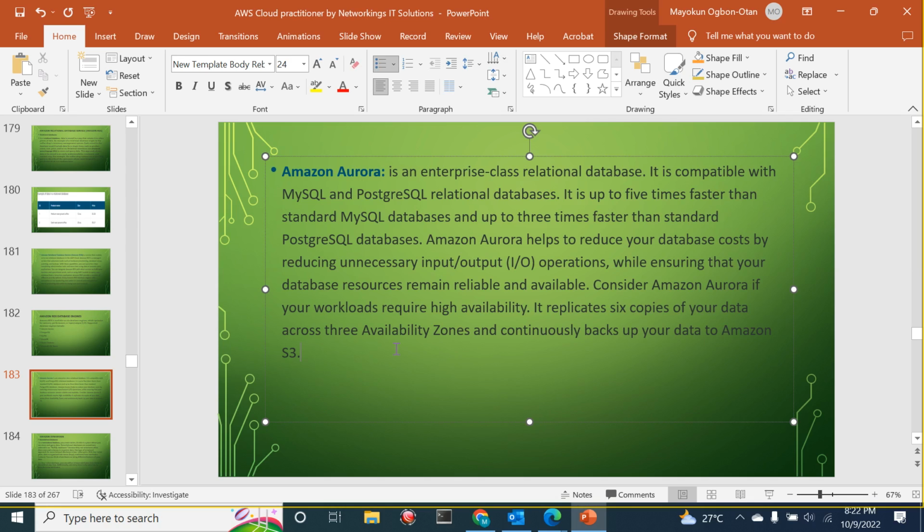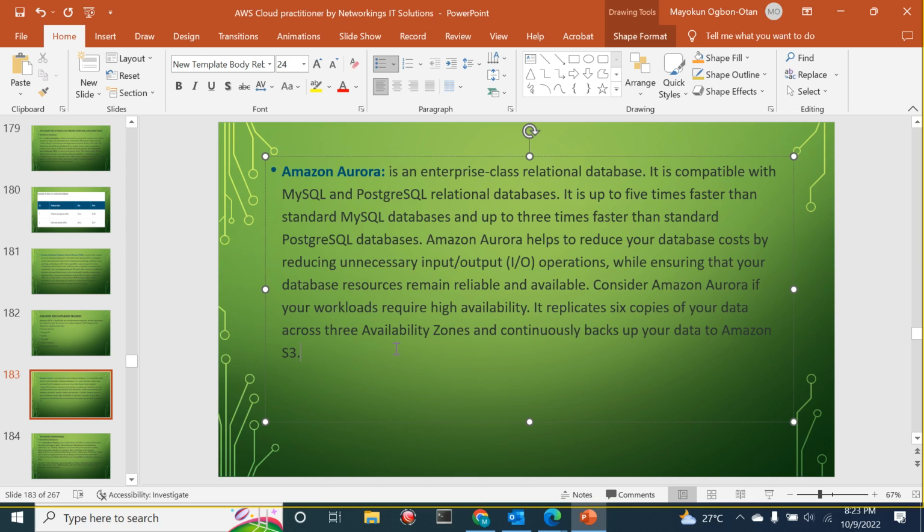Do we understand this? Now, it has the same capacity of what MySQL and PostgreSQL relational databases can do. Look at what they now went ahead to do. It's 5 times faster than standard MySQL, 3 times faster for PostgreSQL. And you know the purpose of coming to cloud, there are 2 things.